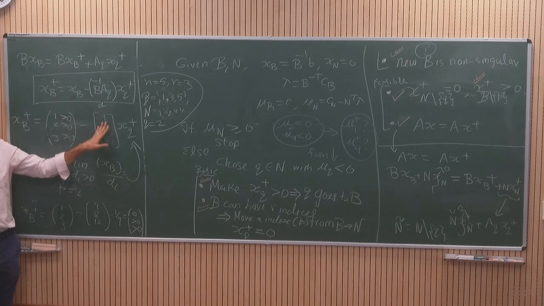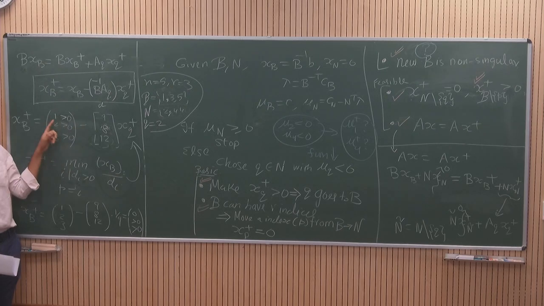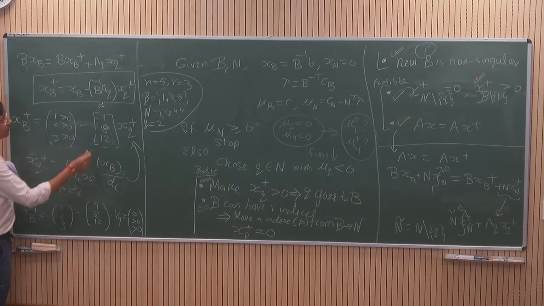So in case all are 0 or all are negative, you can't pick an x cube plus so that you make this component 0. Let's say this was -8, -12. You can in no way choose a positive x cube plus so that you make one component 0.